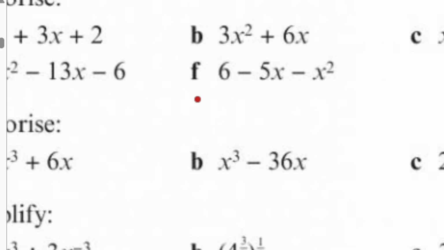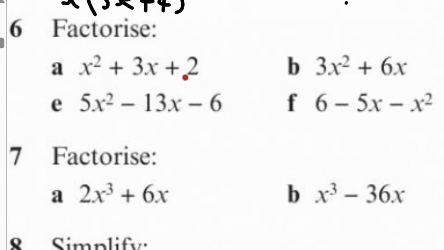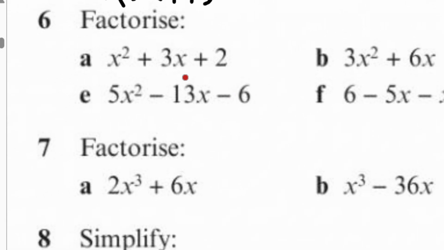Alright, now this is quadratics. How do we do question 6? How do you factorize these? Now, to factorize quadratics, think of two numbers that multiply to make 2 and add to make 3. What two numbers multiply to make 2 and add to make 3?